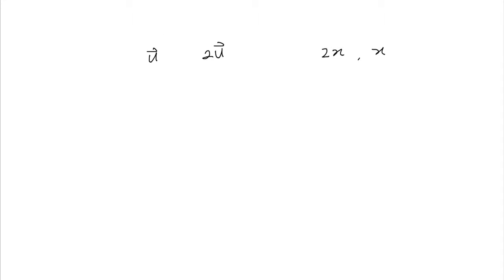If u, which is a vector, so let's say that's u, 2u is not only just twice as long, but also has the same direction. So this is 2u. Right? We can't have, for example, going this way, just because it's twice as long as this. This would not be 2u.